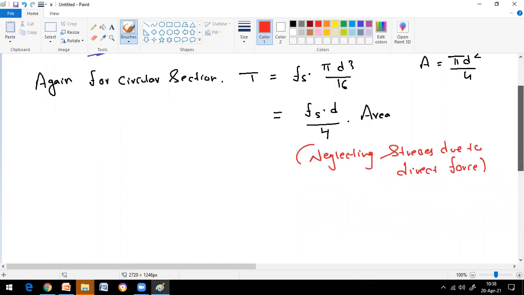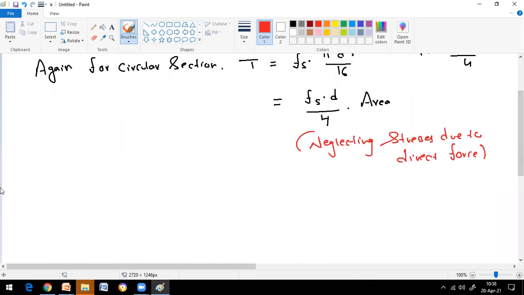Okay, so we are writing this, and again write the same for the square section. Let me consider it as T1, T2 for the square section. What is the formula?